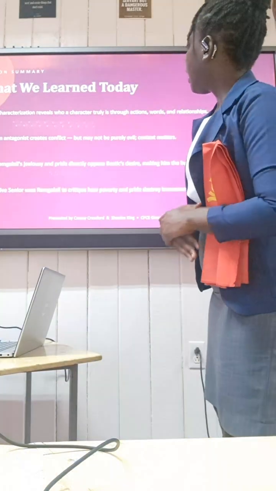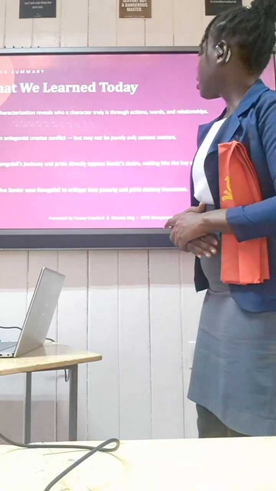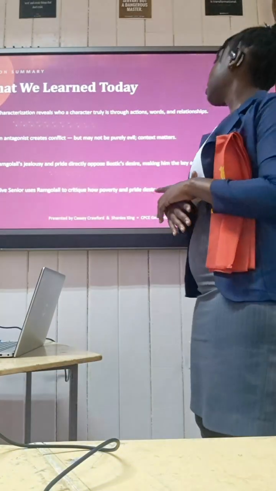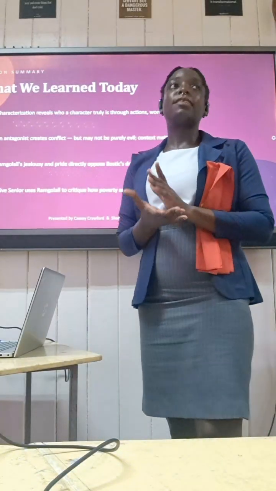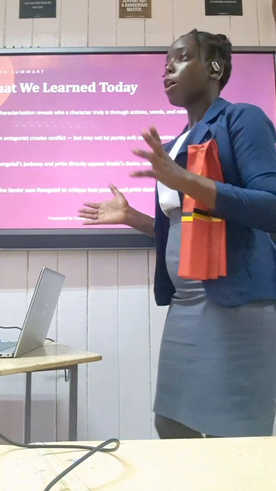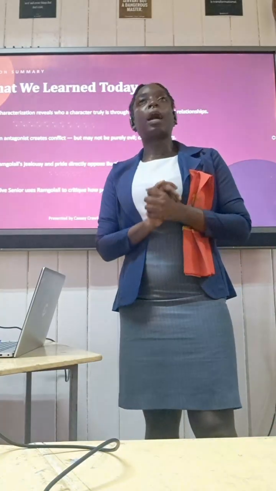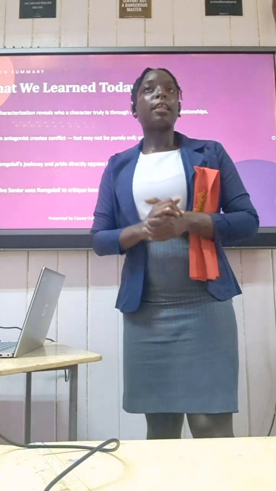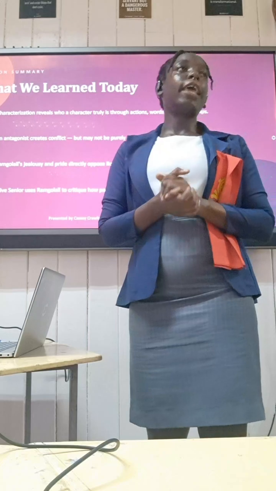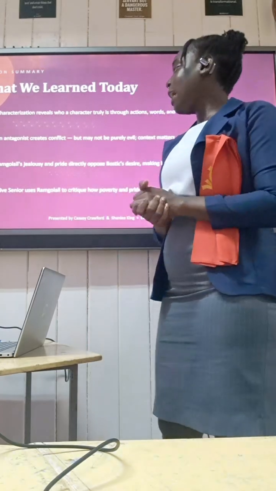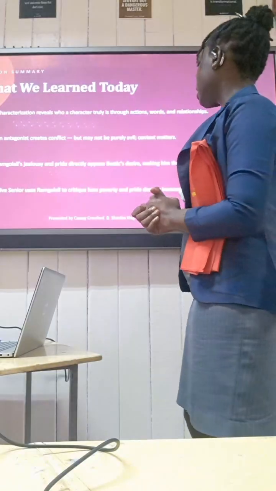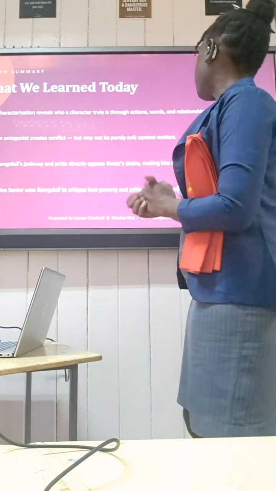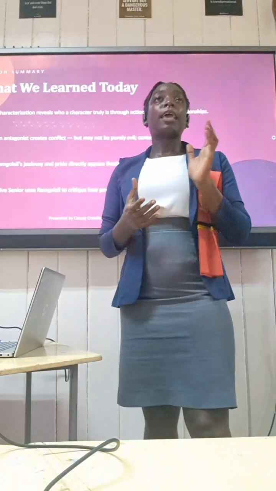Ramgalal's jealousy and pride directly oppose Boy Stick's desire, making him the key antagonist. So we learned what Ramgalal's action was that caused him to become the antagonist. And lastly, Olive Sr. uses Ramgalal to critique how poverty and pride destroy innocence.